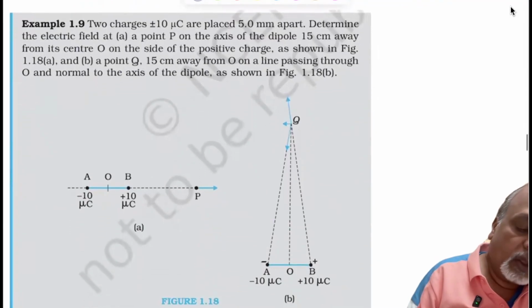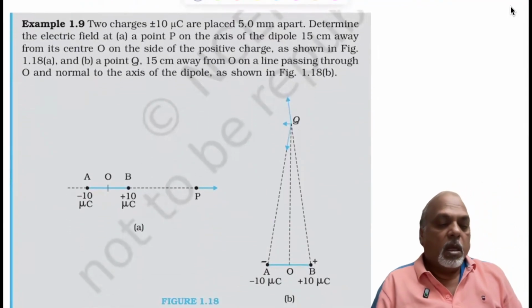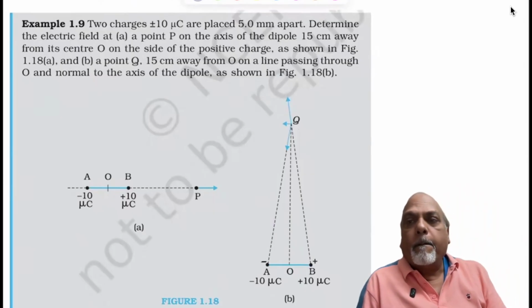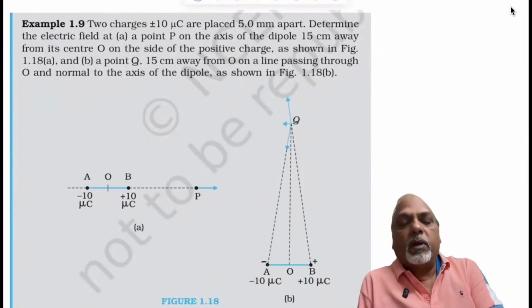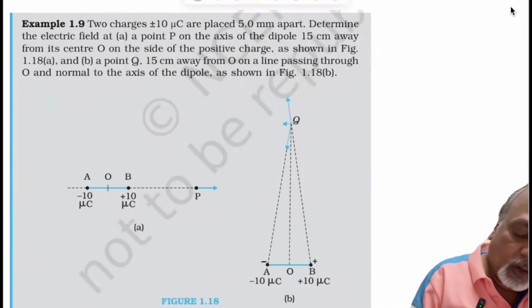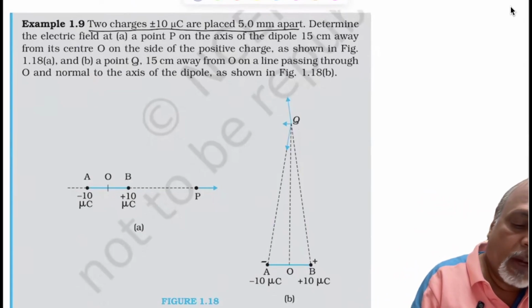Now, let us go further. This is one question which has been given in your NCERT book. Let us see how we can do it. There are two charges placed 5 mm apart.